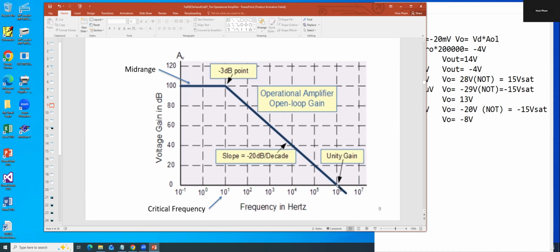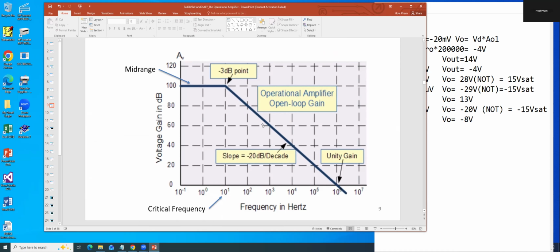If you are at this point, you can see what frequency you are going down to. 10 power of 3 means 1,000 hertz, 1 kilo.